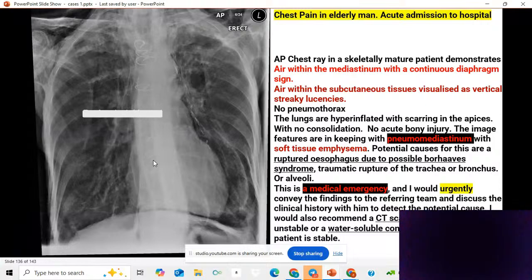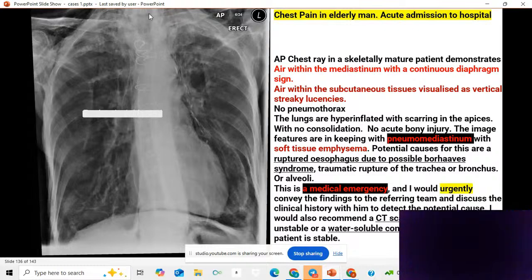Here there is evidence of esophageal pathology, seen as esophageal stent placement. You need to check for evidence of pneumothorax. No evidence of pneumothorax here. Pneumomediastinum is usually associated with soft tissue emphysema.